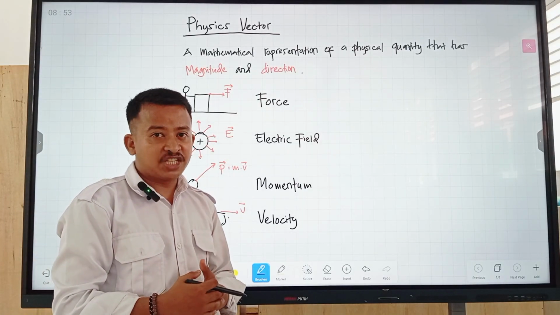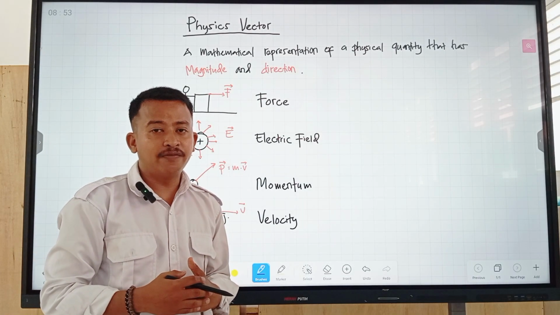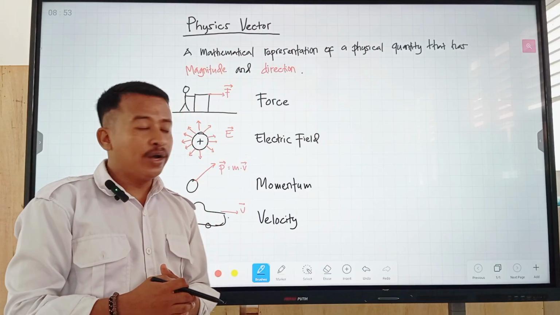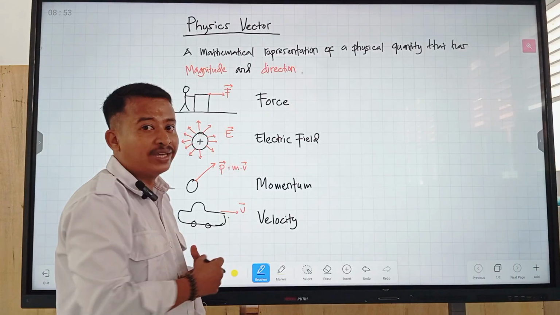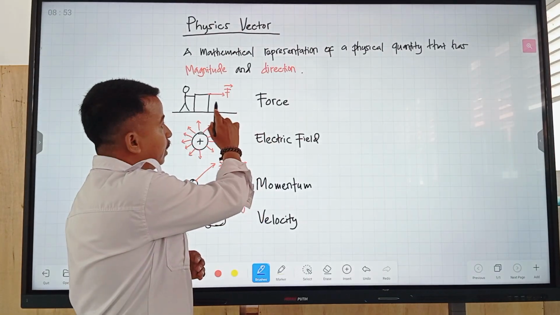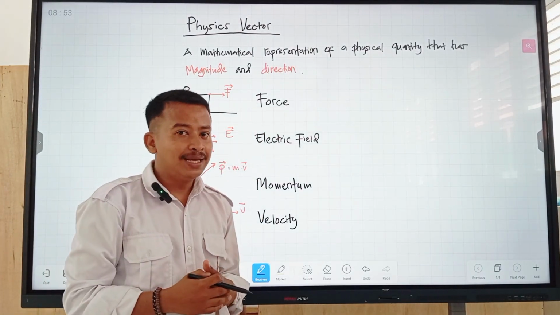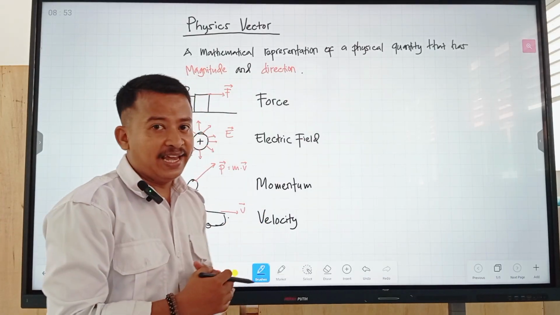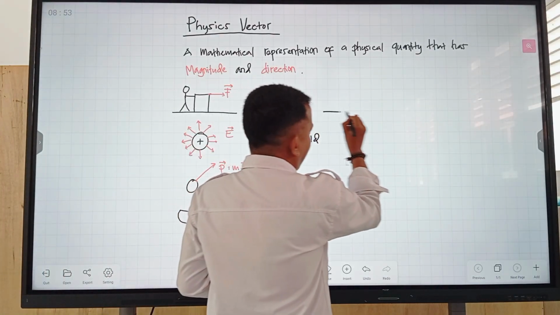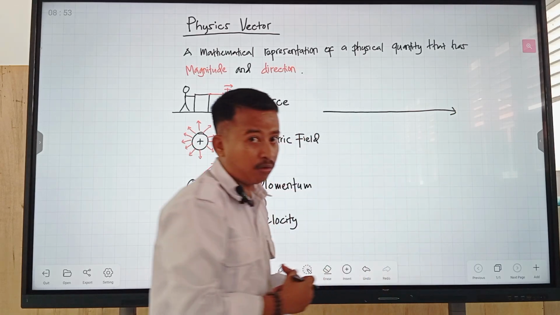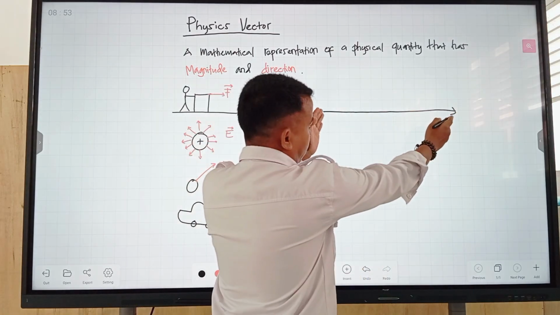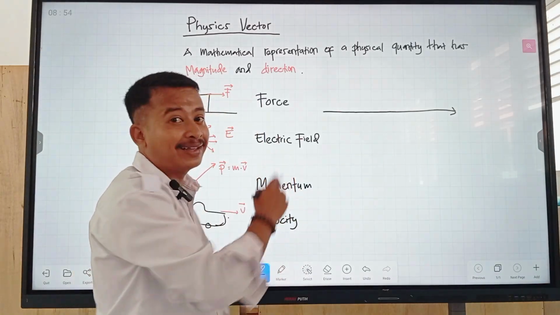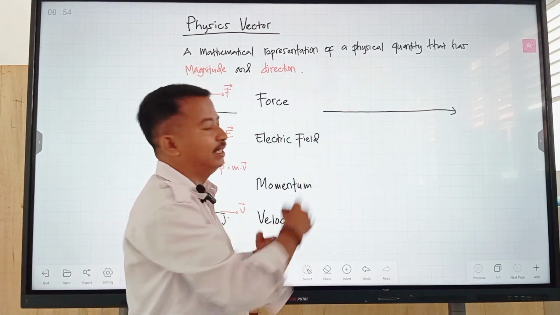Let me give you some examples in physics of the kind of things that you're going to encounter. You're going to encounter forces, so we can represent force with an arrow. Let me explain a little bit more here. When we draw an arrow to represent a vector, the length of this arrow represents the magnitude of that quantity.